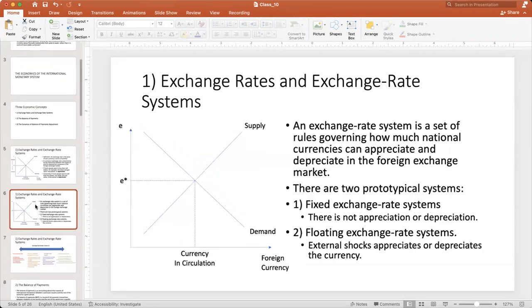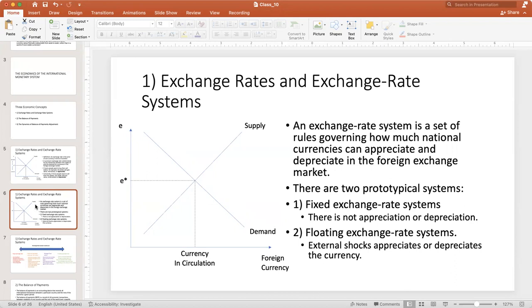However, an exchange rate system is different, because an exchange rate system is a set of rules governing how much national currencies can appreciate and depreciate in the foreign exchange market. There are two types of systems: the fixed exchange rate and the floating exchange rate.